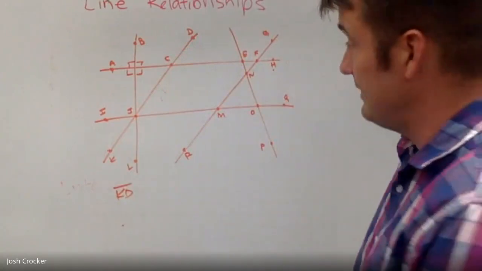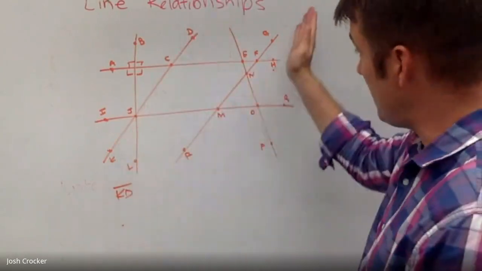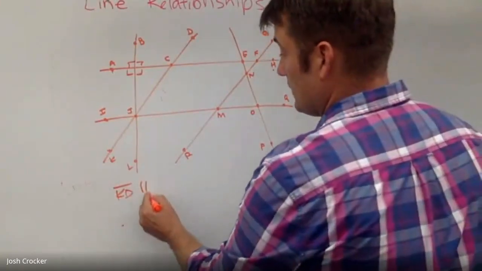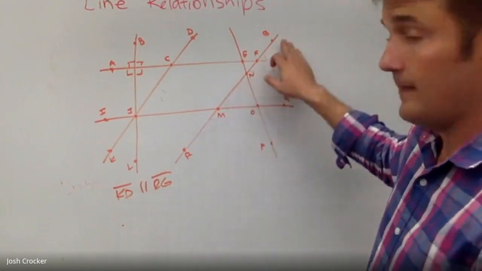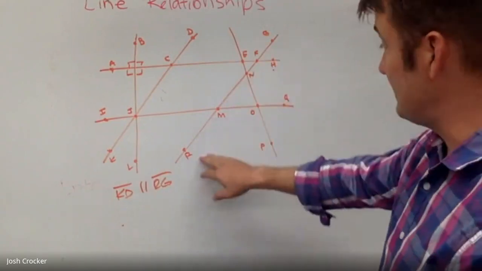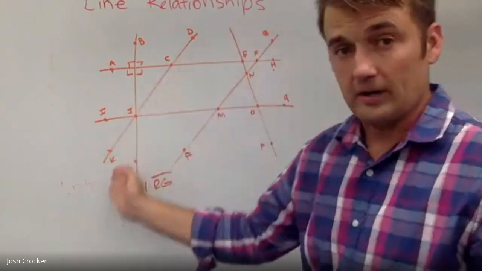I think KD to me looks like it's parallel to RG. Okay, parallel with RG. It's also parallel with Russell Westbrook, RW. So RG and KD are parallel.